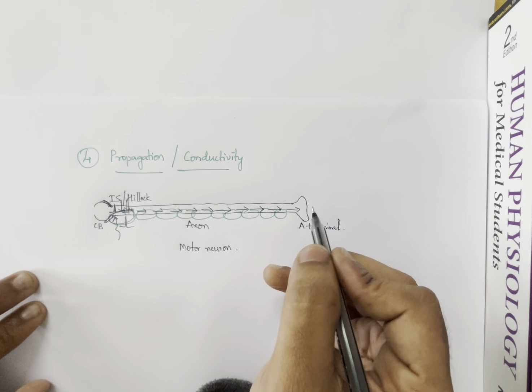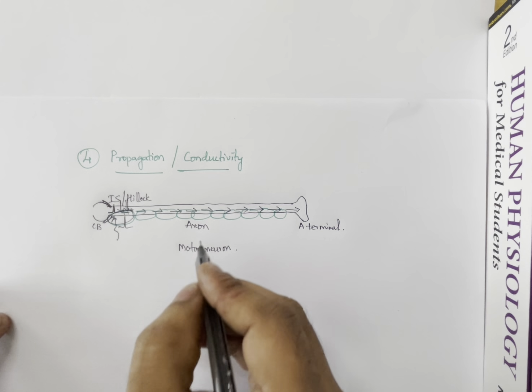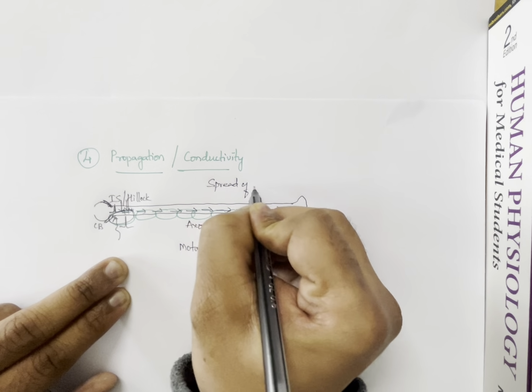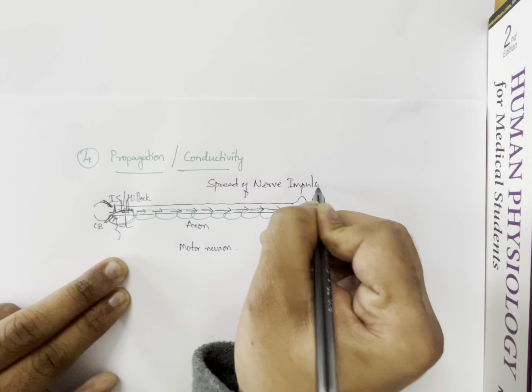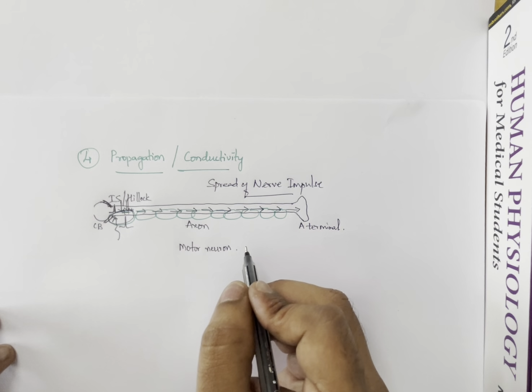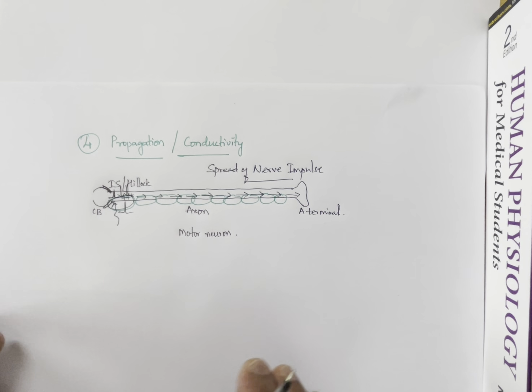So we'll now explain propagation of action potential, or spread of nerve impulses, which is the transmission of nerve impulse along the axon. I'll explain it with an enlarged diagram here.